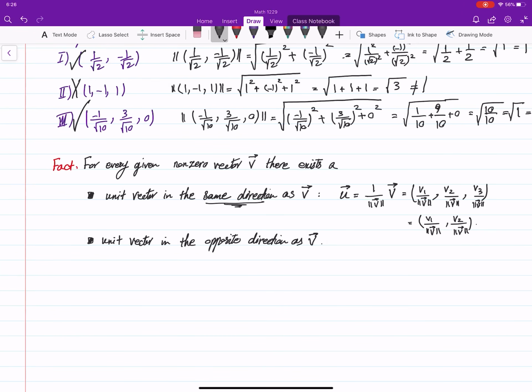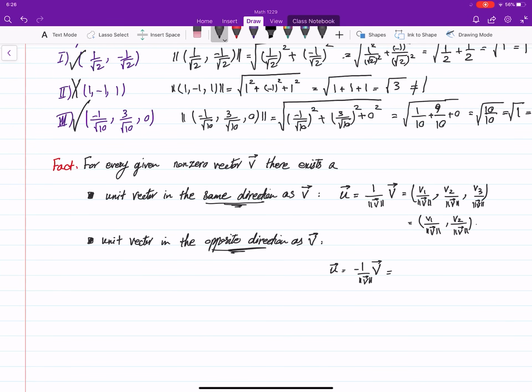Well, if you want to find an opposite direction, what you need to do is the same story. You find the length of v, you divide it, you inverse it, and then to have the opposite direction, we have to multiply it by a negative sign.